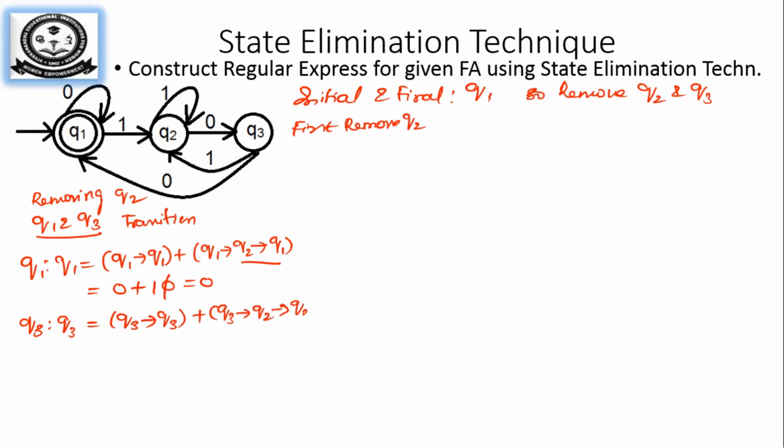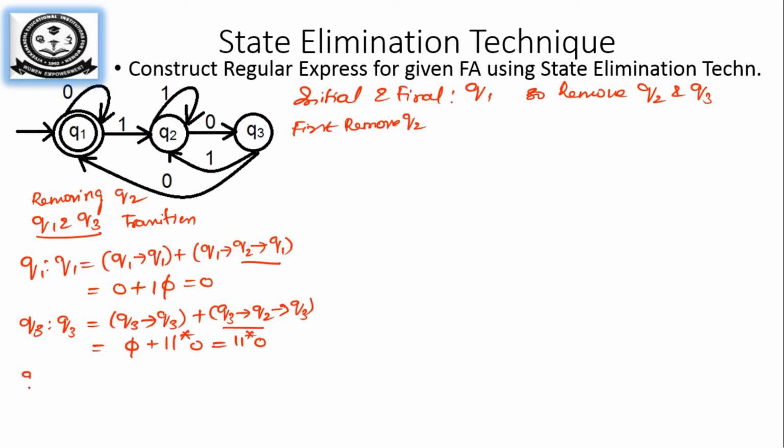Can we reach Q3 again? So we'll check. You don't have any self transition for Q3, so it is going to be phi plus. Then from Q3 to Q2 you have input 1, then Q2 has a self transition, then 0. So your final answer is 1 1 star 0.